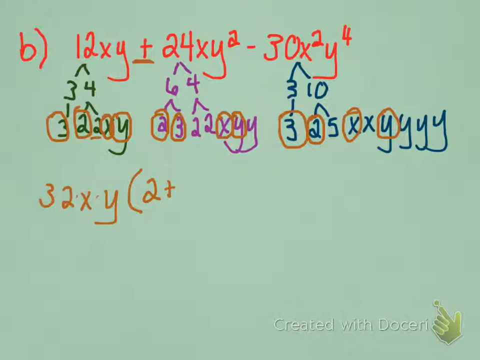Then you're going to look at your second term and what's left there. You have 2 2's and a y. So that's 2 times 2 times y. Then your symbol here, you look at the symbol in between the last 2 terms, which is minus, and then you're going to look at what's left in your third term. So you have 5x and 3 y's.